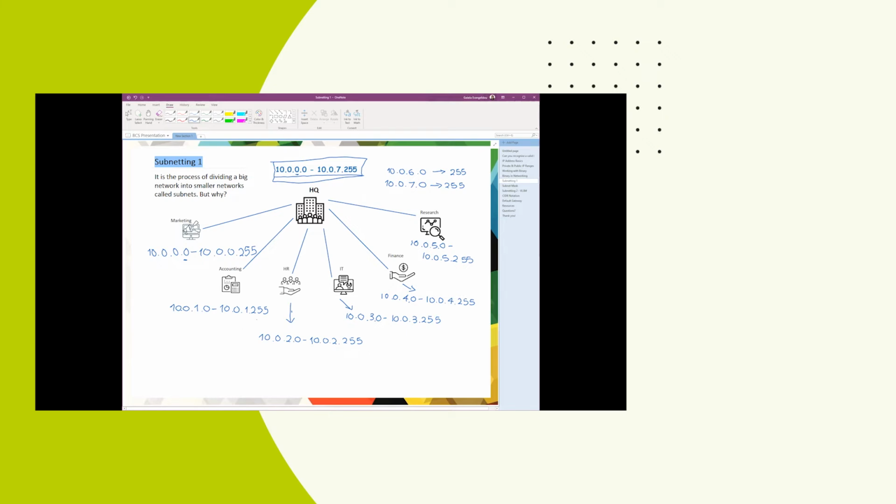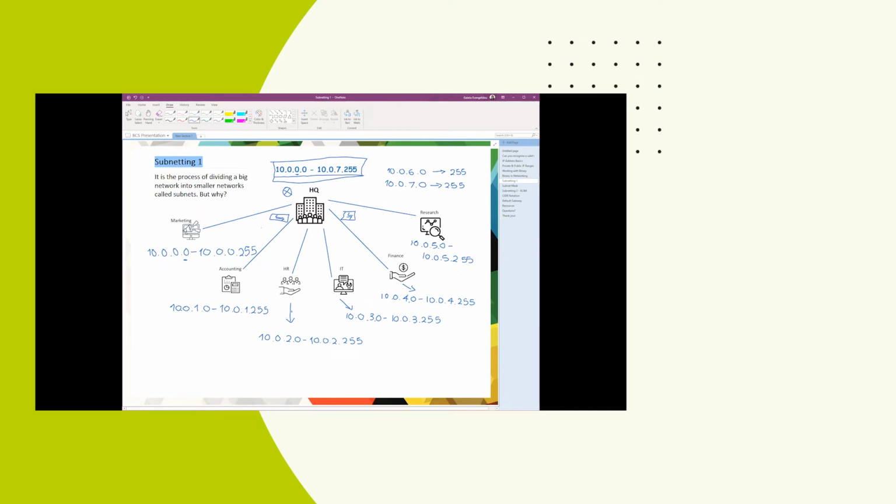What does this mean? Imagine that this is a network. So we have a router sitting here somewhere, and we have a switch or multiple switches. A circle with a cross in it is how we symbolize a router, and a box with two arrows is how we symbolize a switch.